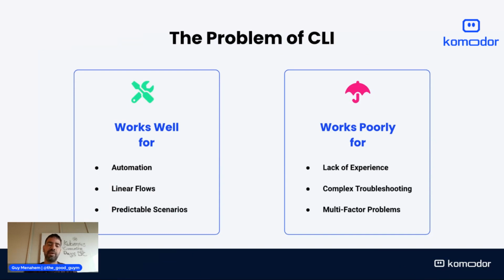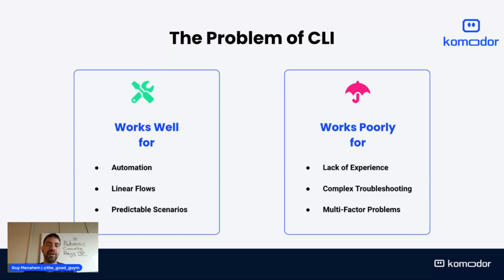So the good side about the CLI is that if you want to incorporate it in automations, in a linear flow, and actually code using it, that works really well. Helm is actually built to do that. But Helm also falls short when we are talking about people with a lack of experience using it, because it's such a complex tool, built up by many components that are supposed to form a full ecosystem using only a single project.